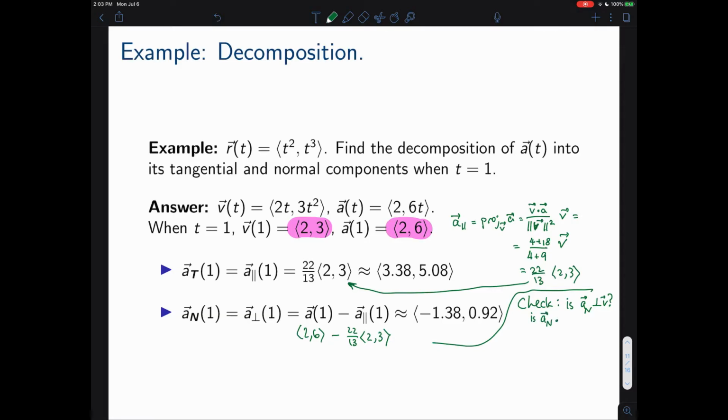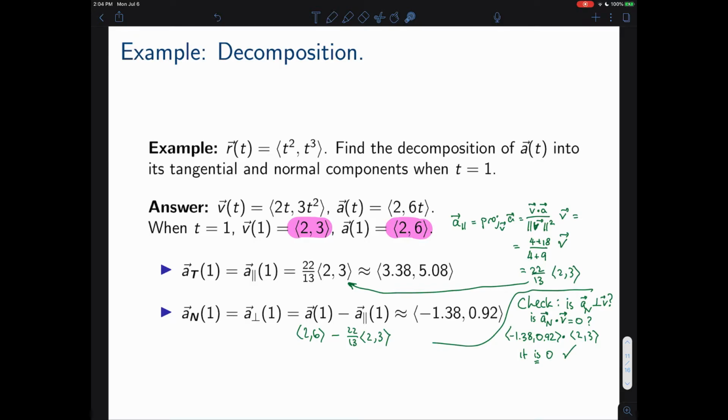So we'll take the dot product A normal dot V and see if that's equal to 0. So we'd have minus 1.38, 0.92, dotted with the velocity vector, which is 2, 3. And if you work that out, then sure enough, we do get 0. So you can work that out or use a calculator if you want.